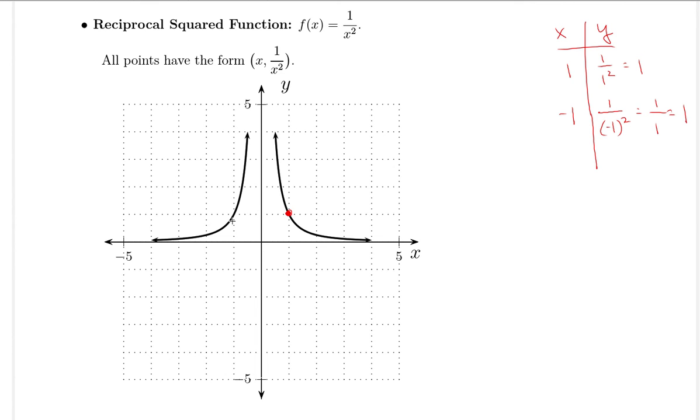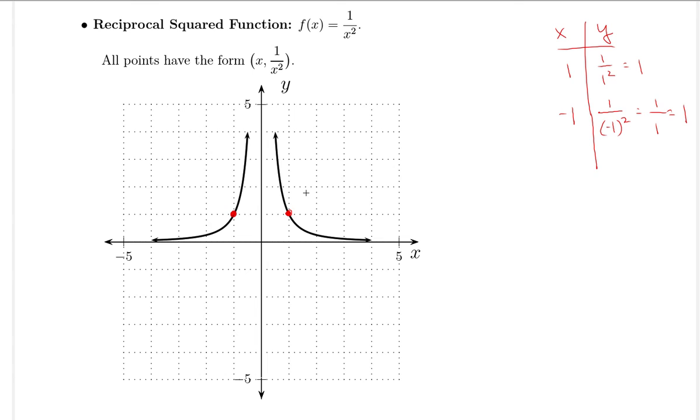So when you go to negative 1, you're also up at positive 1. But then we still have the same dynamic happening that we had before, right? The closer your x value gets to 0, the bigger the y value has to become, and the bigger the x value becomes, the smaller the y value has to become. So it has that same sort of action that the 1 over x function had. It's just that both sides are going to be positive.